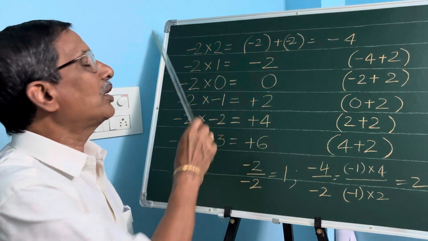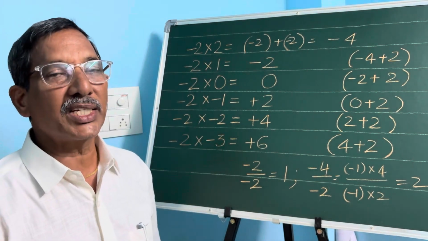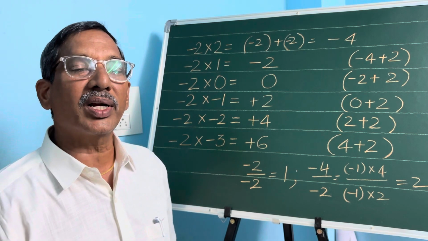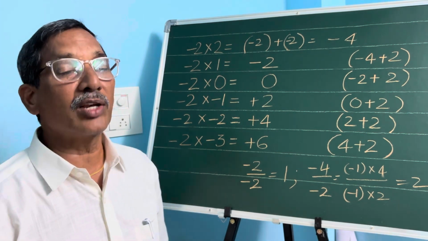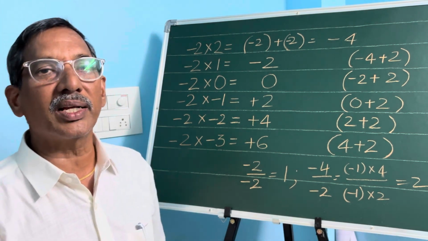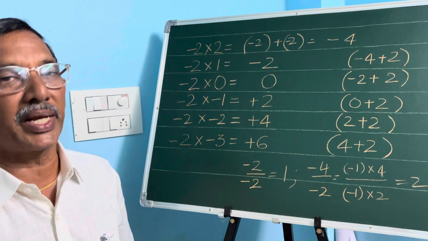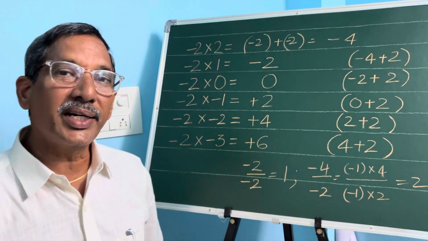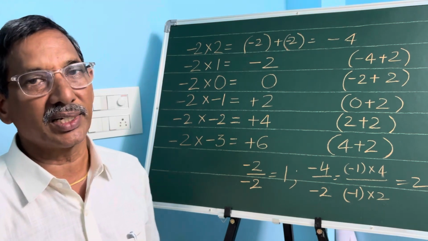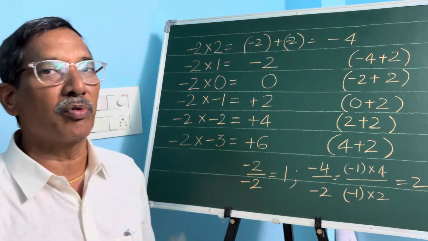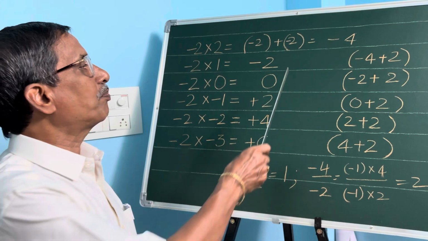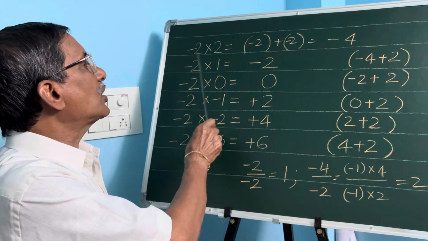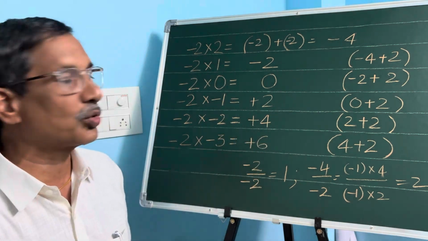Coming to the next one, minus 2 into 1. The product is very well known to us. According to the identity property of multiplication, when any number is multiplied by 1, we get the same number as the product. So minus 2 into 1 is minus 2.